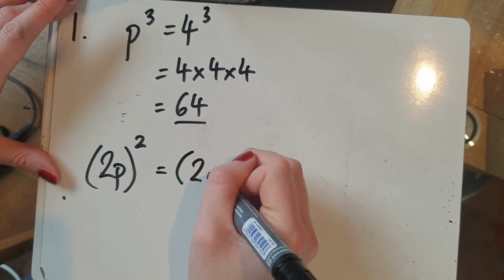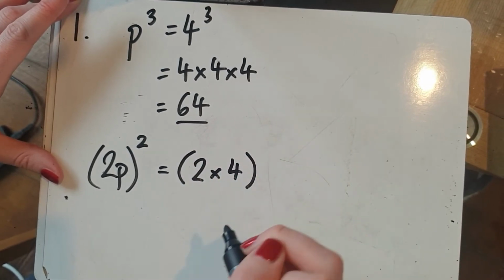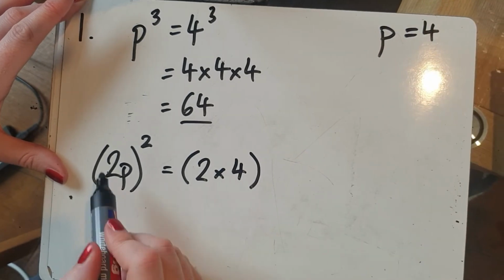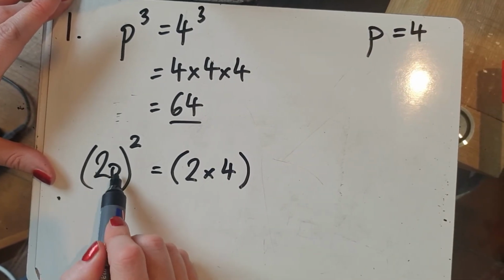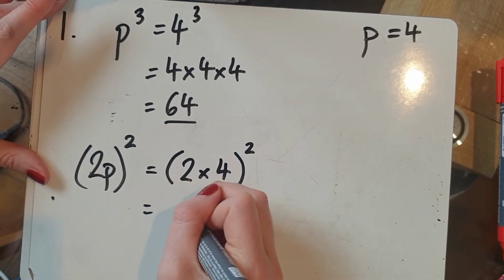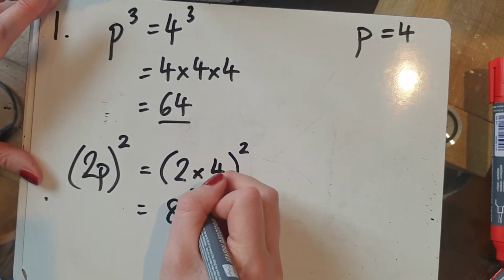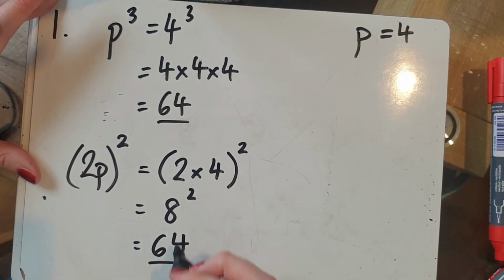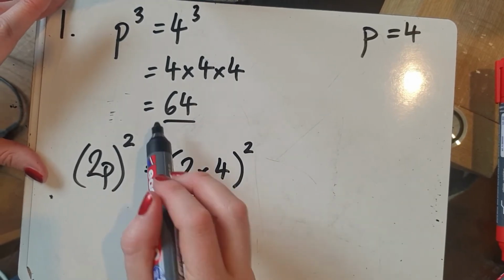So I'm going to do 2 times 4, again because in the question it says p equals 4. I'm going to do 2 times 4 because 2p means 2 times p. So I've got 8 in the brackets, squared, and 8 squared is 64. So same answer actually as this one here.